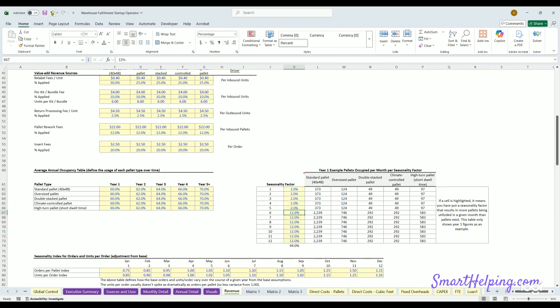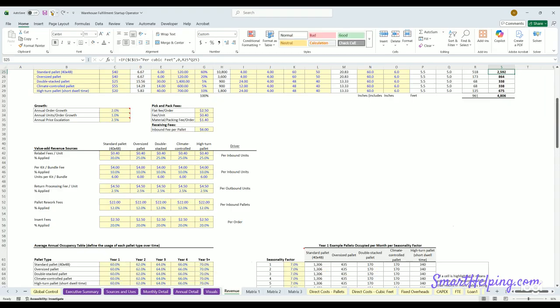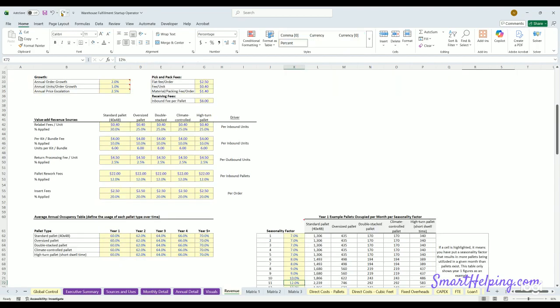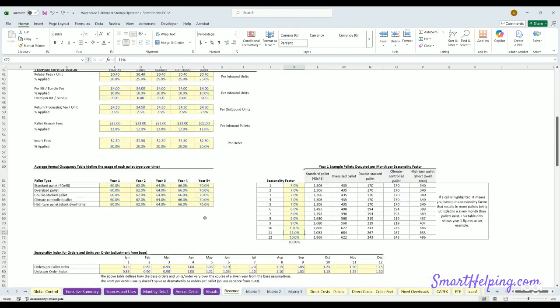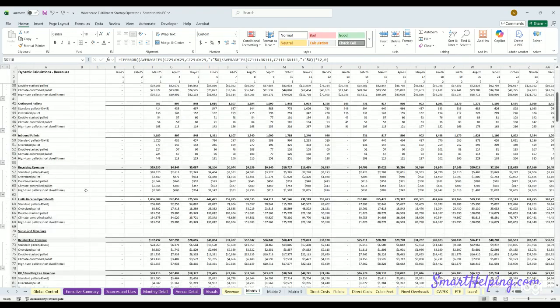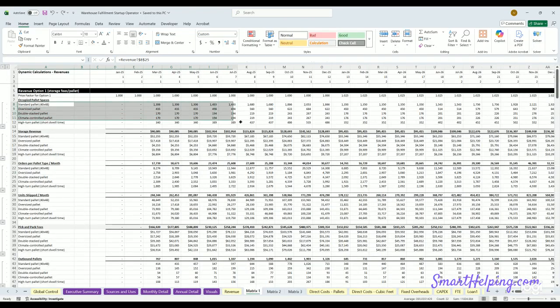Okay, let me go back to how it was before I started changing everything. So we have that, which in the matrix one here for revenue, that's going to define this top section.